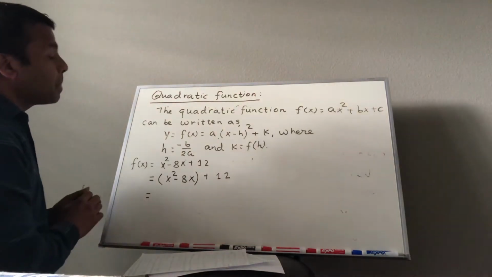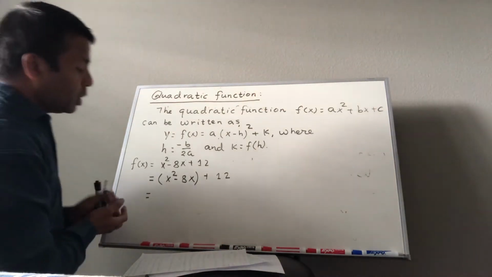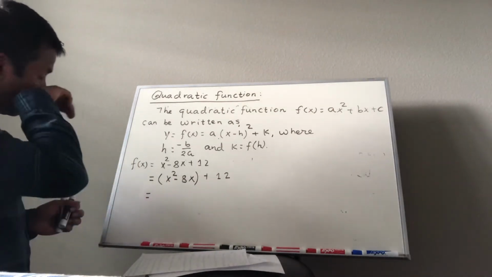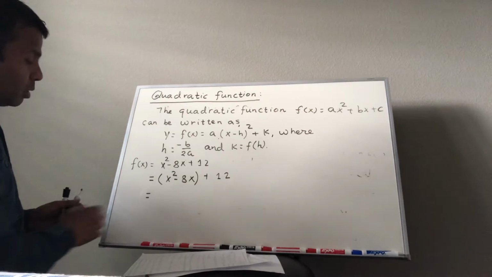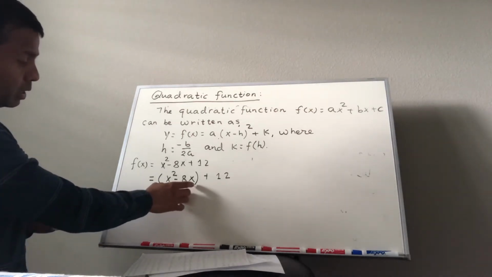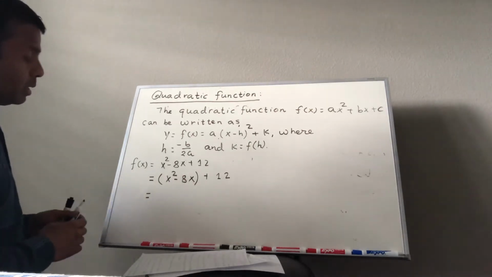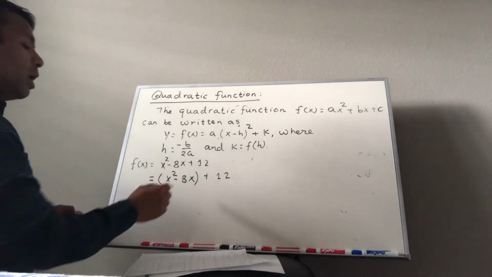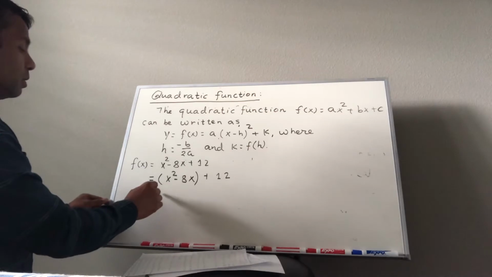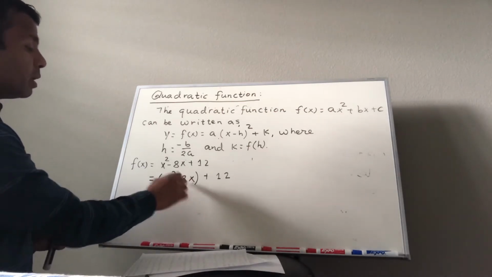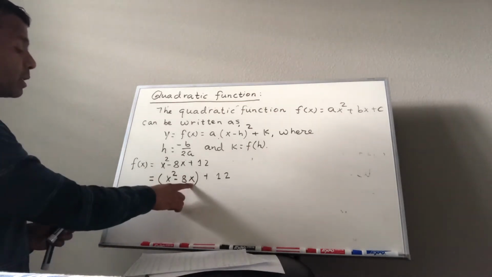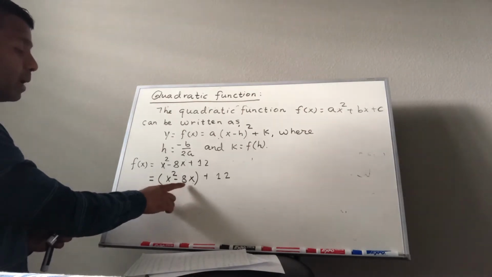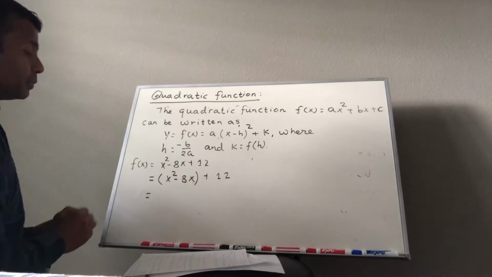Then we complete the square here. So we are going to try to convert this into a perfect square, by using the method of completing the square. So we figure out the coefficient of x, which is 8 in absolute value, and half of 8 is 4, right?